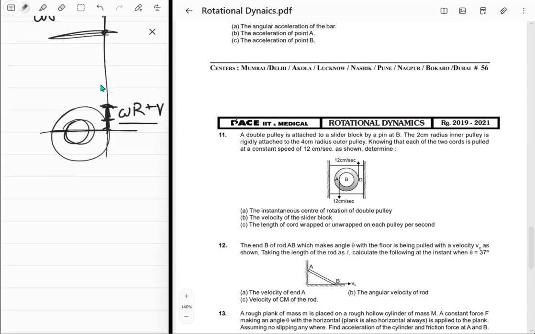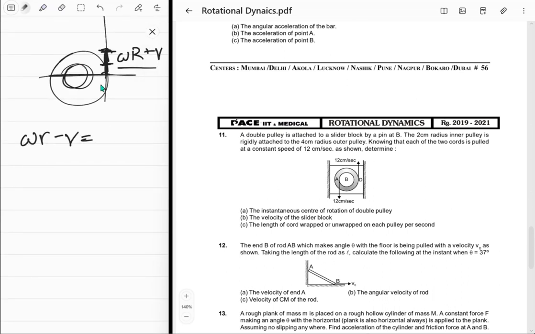Oh, now we can do it. Omega r minus v is equal to... yeah, that's the thing. Of course, that's how it should be. So that will be 12, whatever this is going to be, call this thing A, where A is the 12 centimeter per second thing. Okay.